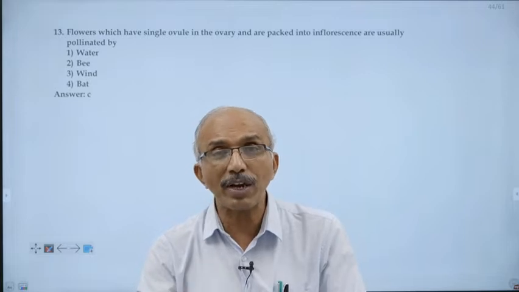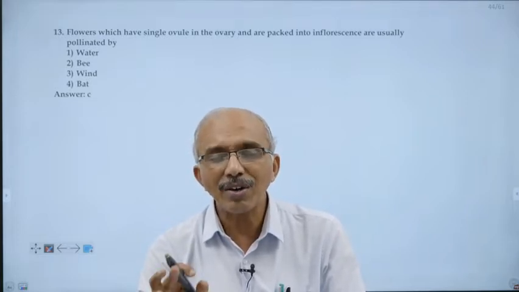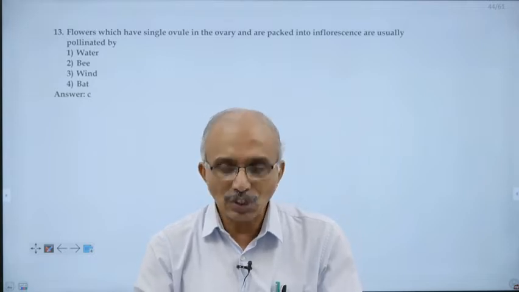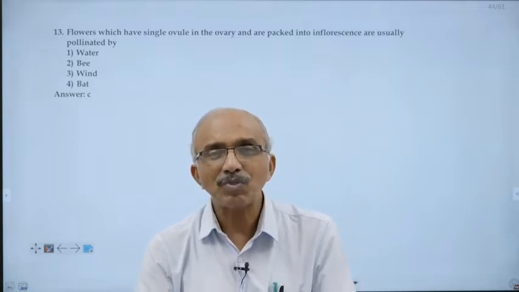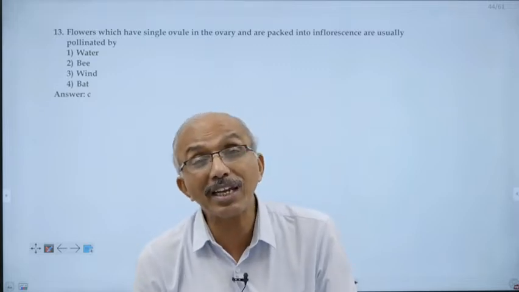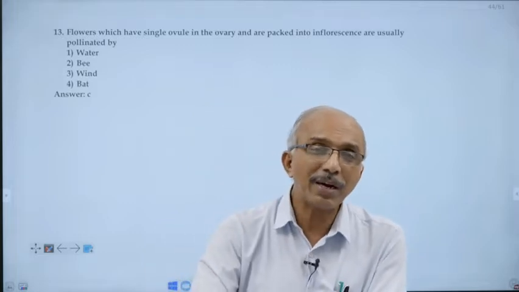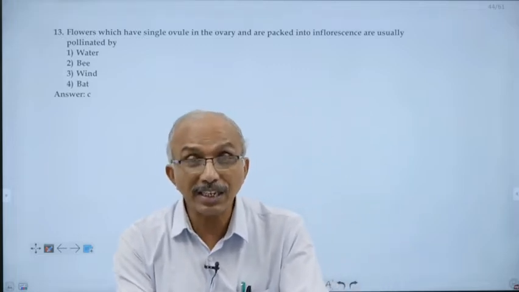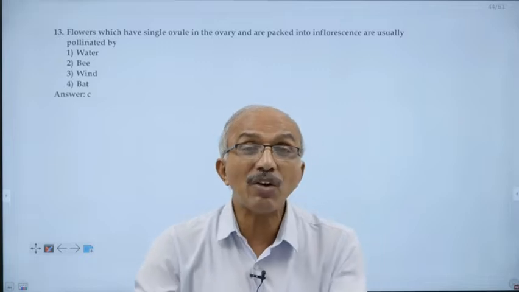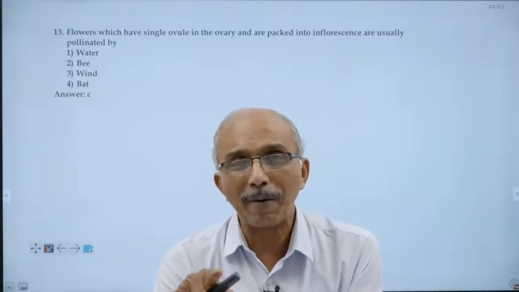In sunflower, individual flowers are non-attractive, so they are grouped together to form an inflorescence. However, we call it sunflower, but it is not a flower. It is an inflorescence. Here the inflorescence is attractive, not the individual flower.